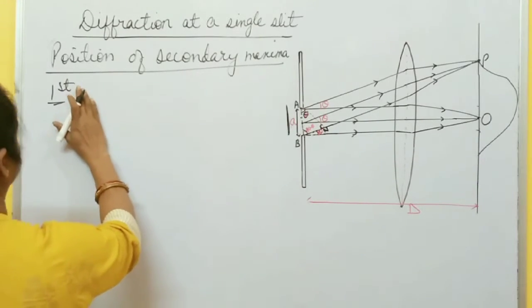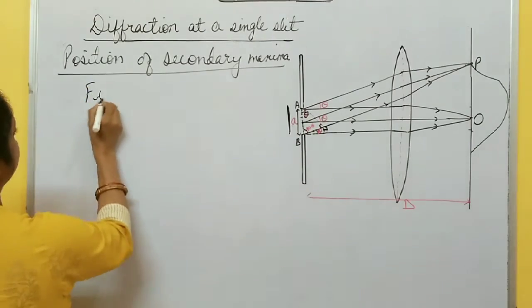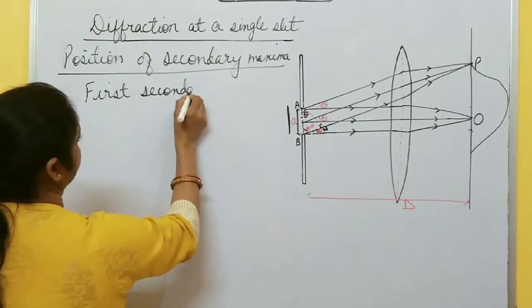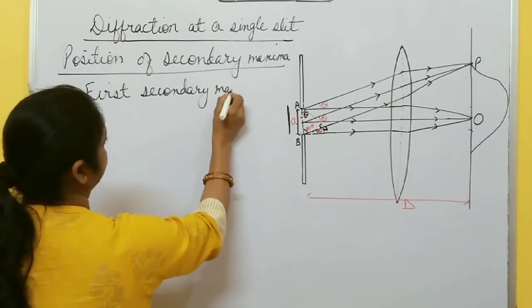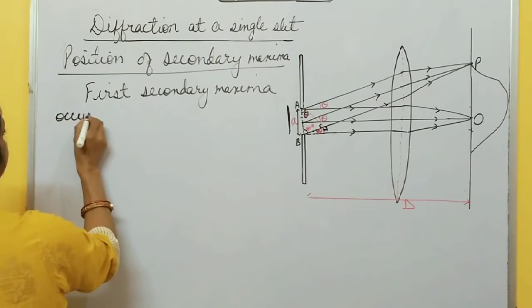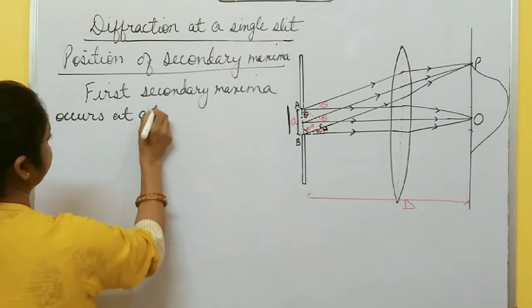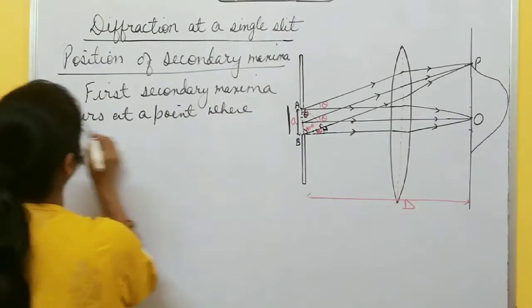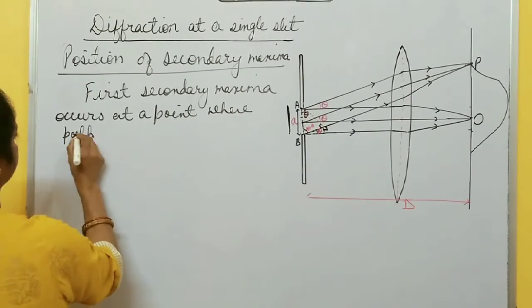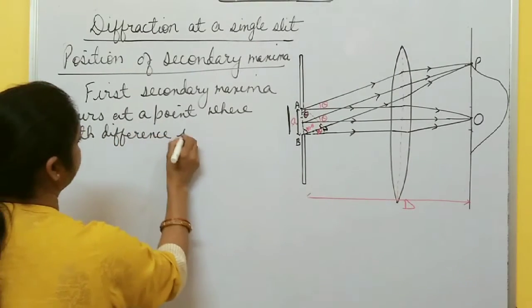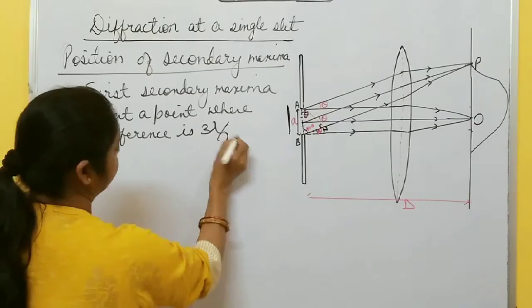So you write: first secondary maxima occurs at a point where path difference is 3 lambda by 2, okay?